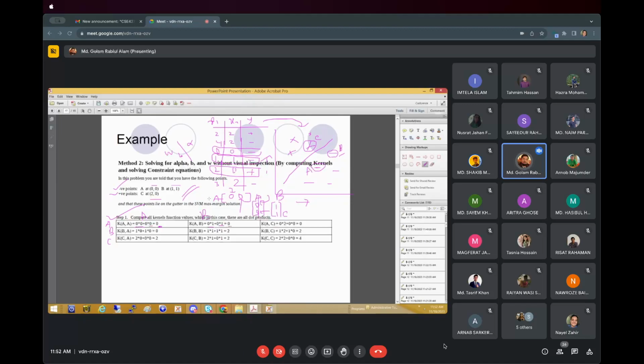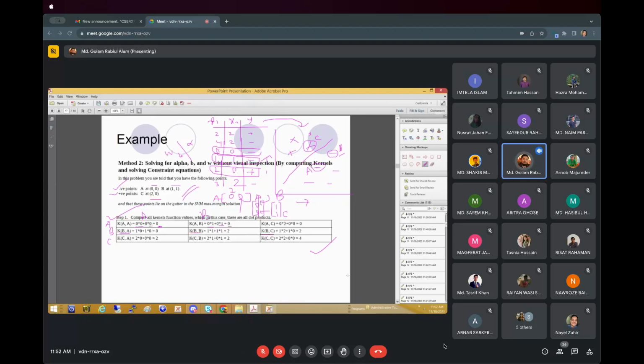Similarly, we can also consider AC, then we will get 0. If we consider KBA, then similarly we can compute KBA, KBB and KBC. So we can easily compute this. This is our step 1.